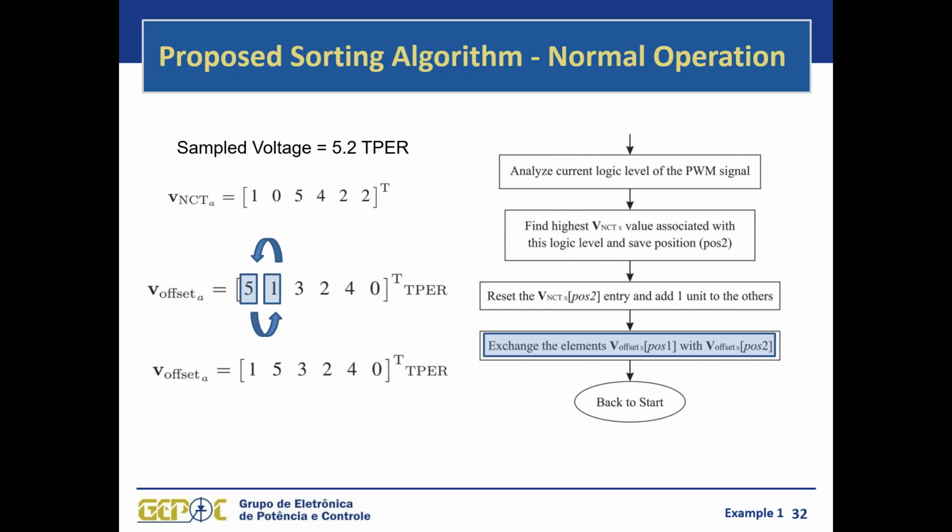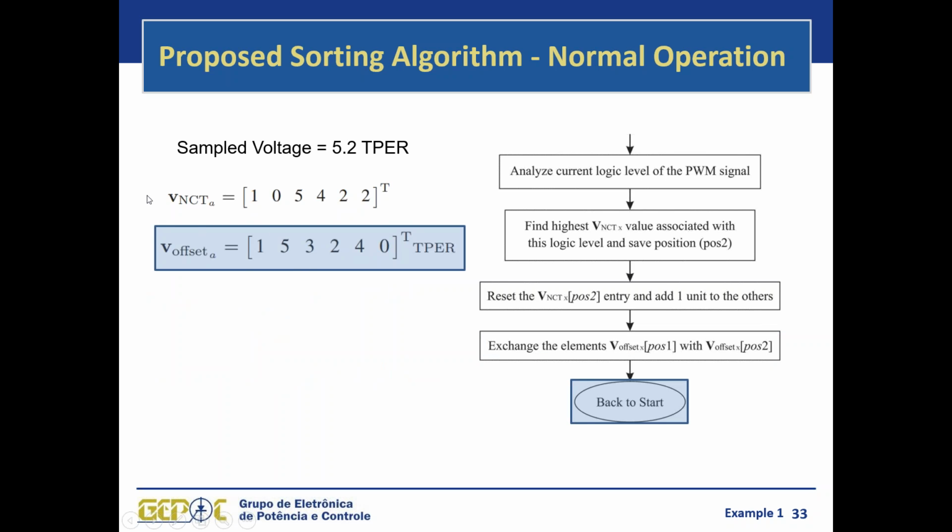By changing the offsets, it's the same thing as changing the reference for that specific switch. And then we force the switch that wasn't commutating for the longer period to take over the PWM. So this is how we perform this sorting algorithm. We find out the switch that stayed for the longest time without switching, and then we force this switch to commutate while keeping the other switches without changing their status.